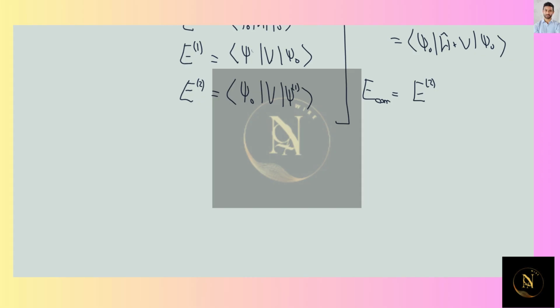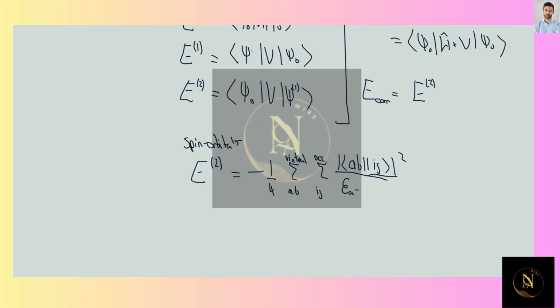So now what we need to do is get the expression for this energy at the second order, which in terms of spin orbitals will be equal to minus 1/4 of the sum over a, b, which are virtual, sum over i, j, which are occupied orbitals, of the following expression: the absolute value squared of <ab||ij>, divided by the energy of a plus the energy of b minus the energy of the ith orbital minus the energy of the jth orbital.